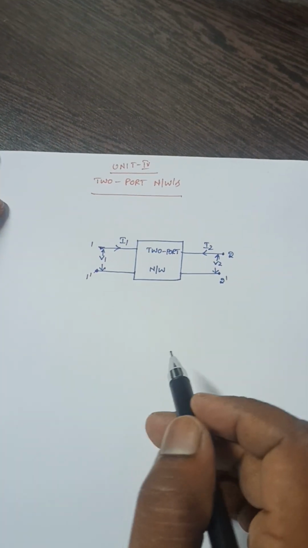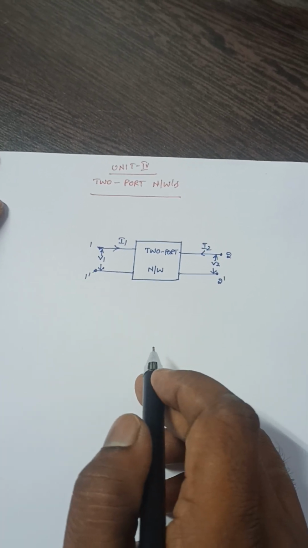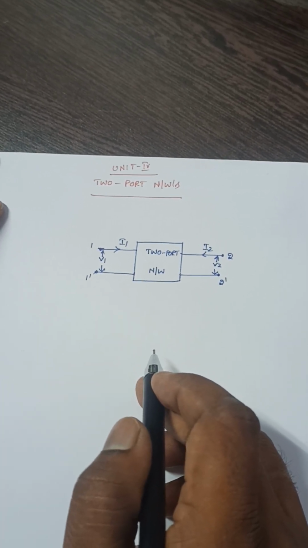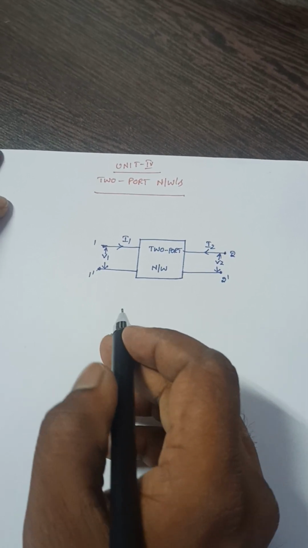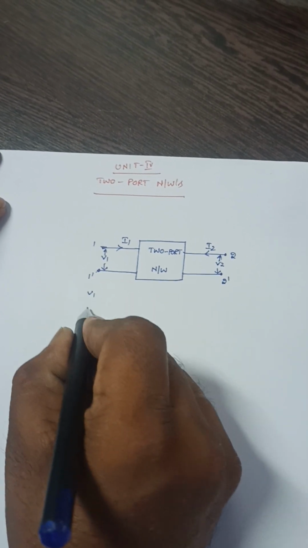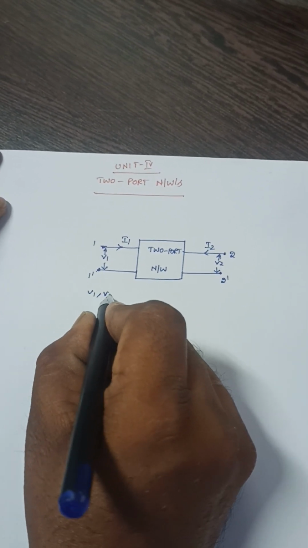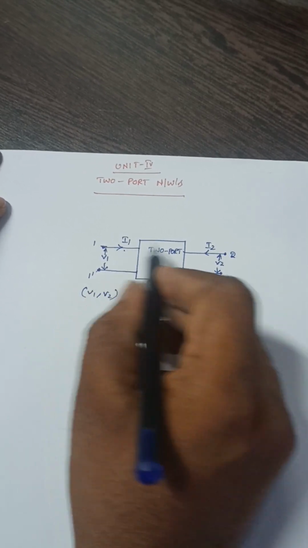Among these four variables, any two variables can be represented in terms of the other two variables. That means, for example, these two variables V1 and V2 can be represented in terms of I1 and I2.